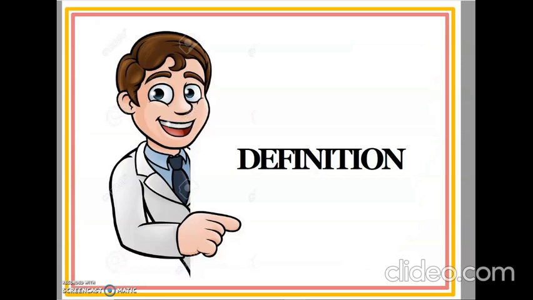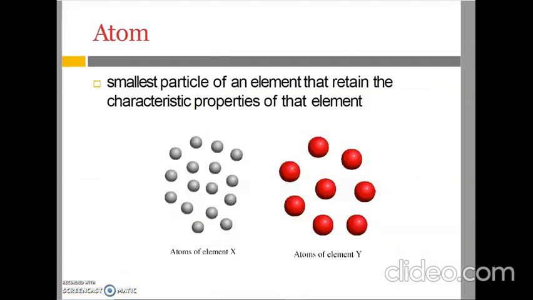First, we're going to look into the definitions. Okay, an atom is the smallest particle of an element that retains the characteristic properties of the element. So, this is an example: atoms of element X and atoms of element Y. An atom is the basic unit of an element that can enter into chemical combinations.